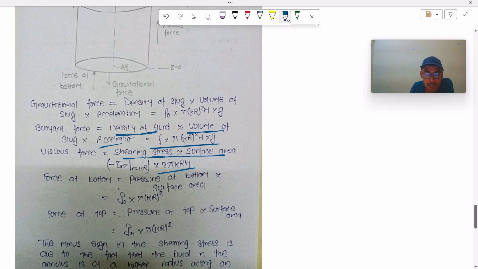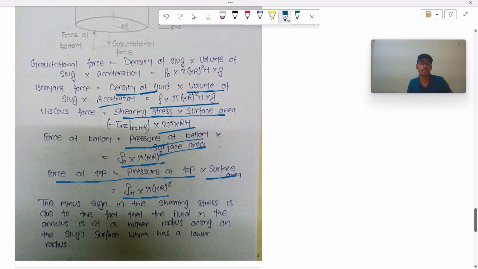And the force at the bottom is given by pressure at the bottom into surface area. This is modified pressure at z is equal to 0 into pi of kappa r whole square. Force at the top is given by pressure at the top into surface area. This is modified pressure at z is equal to h into its surface area, pi times kappa r square. This is the same, just the change in pressure between z is equal to h and z is equal to 0.